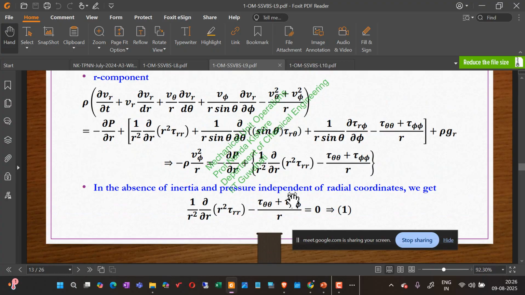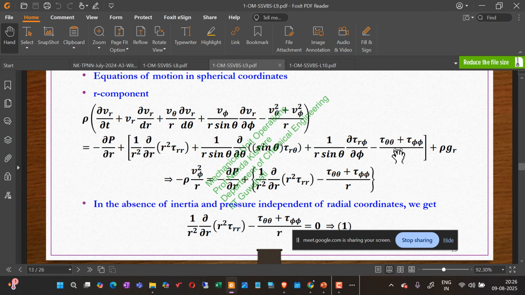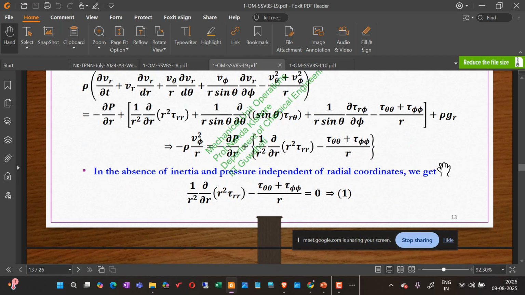Similar to the previous discussions, in the r direction, theta direction and phi direction you will have the momentum equation, and then you will nullify most of the terms and only keep the terms leading to the normal stresses, right? These normal stress terms play a role in dictating the anomalous behavior of viscoelastic fluids.